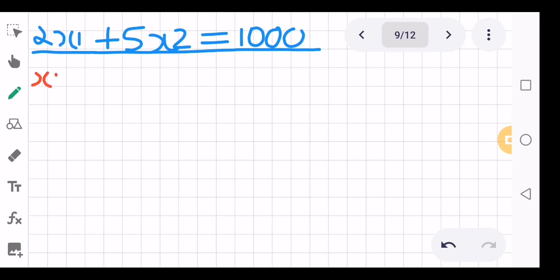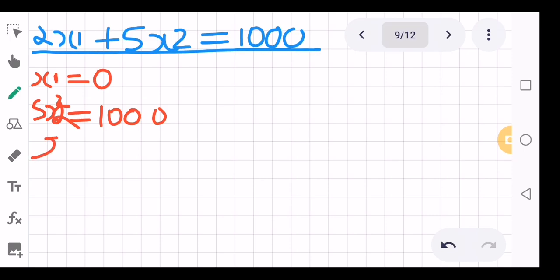Let x1 be equal to 0. If your x1 is equal to 0, 2 into 0 is 0, so this term goes and you have 5x2 is equal to 1000. So your x2 will be equal to 200 and x1 is 0.